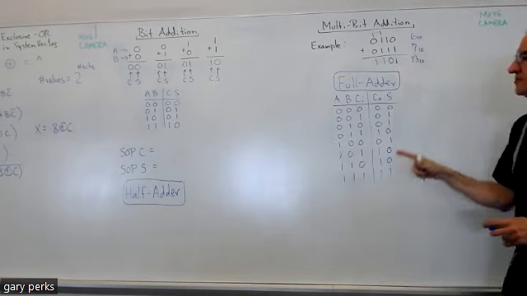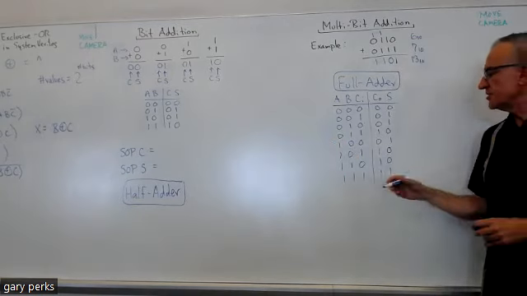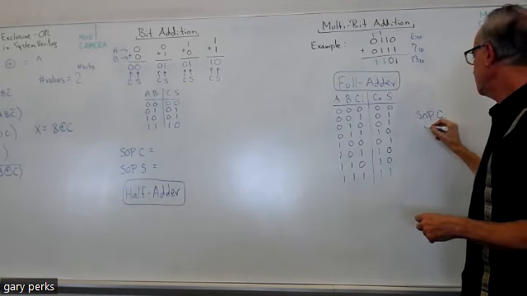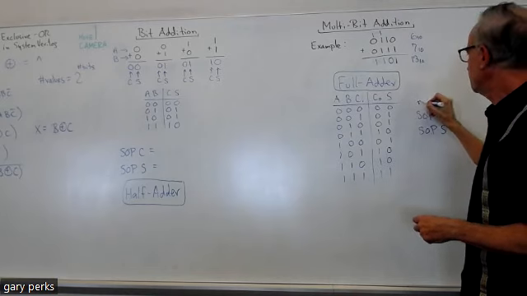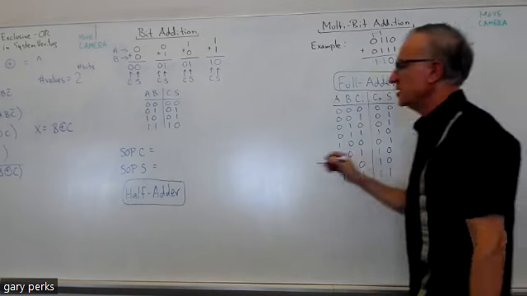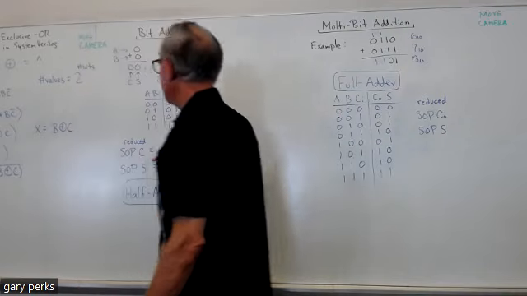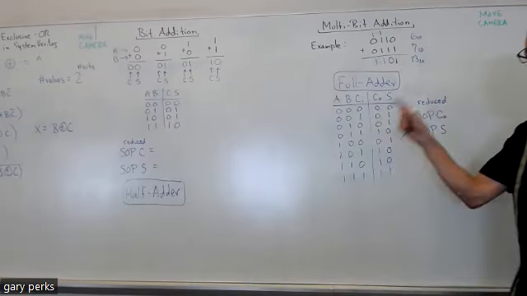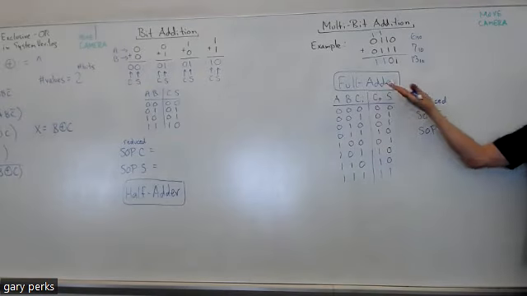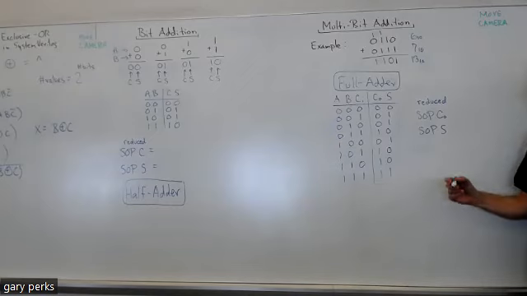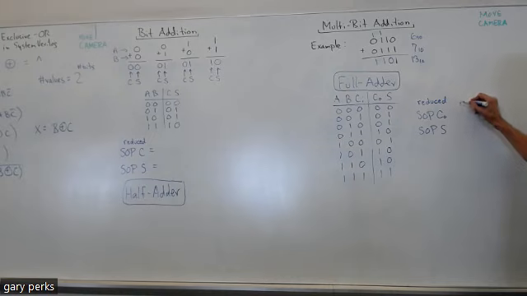And unlike the half adder, to get the reduced expressions for SOP CO and SOP S, the half adder expressions are reduced just by looking at the truth table and getting the gate from the truth table like we talked about earlier, because the truth table is so small. But when you have a truth table like this that has 8 rows, now you have to use an 8-cell K-map. And you're going to have a K-map for each one of these.